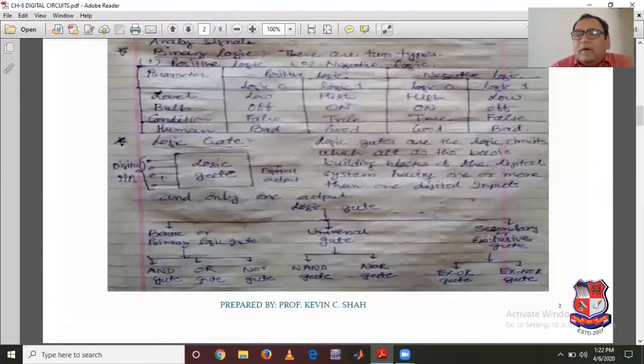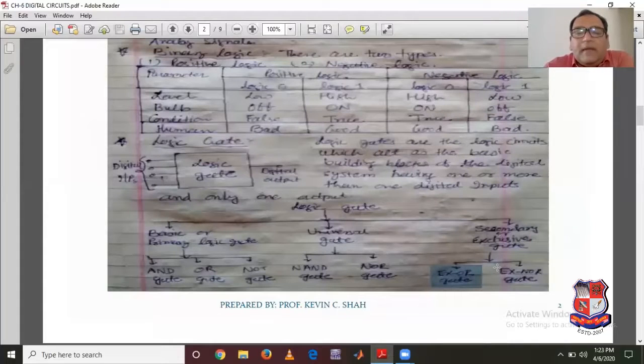And last and third one, that is a secondary or exclusive logic gate. There are two types of exclusive gate, named XOR gate, in full exclusive OR gate, and XNOR gate, meaning exclusive NOR gate. So this is the complete classification of logic gate.